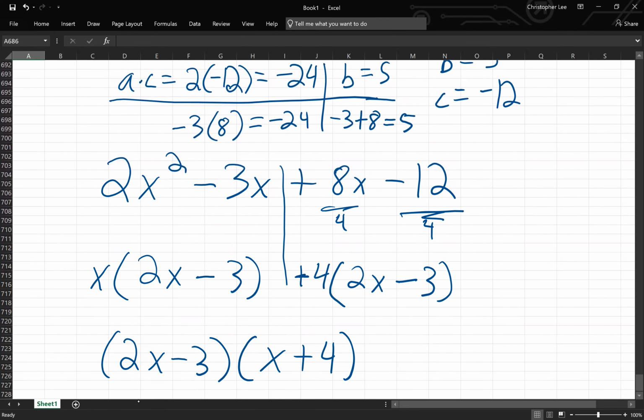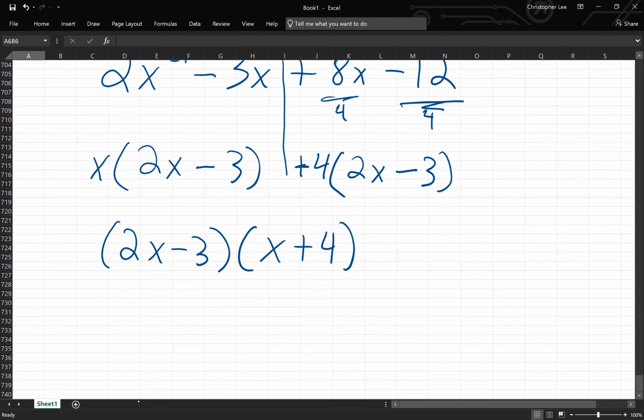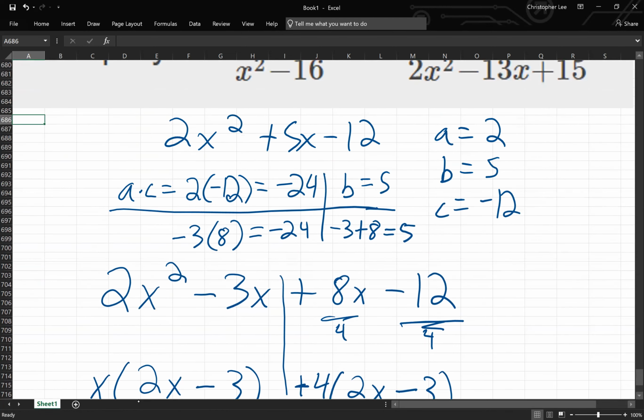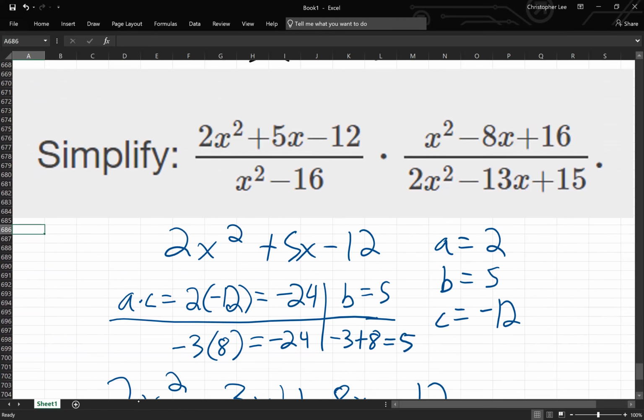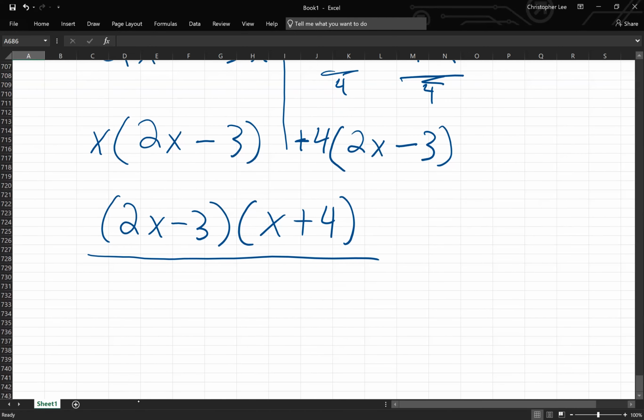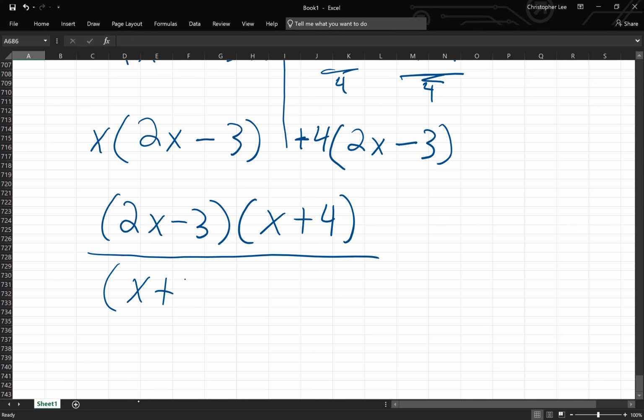That's my factor. That's for the numerator. That's just the top. All right. Let's say I wanted to get the denominator. What's the denominator going to be here? Excellent. X plus 4, x minus 4 times.